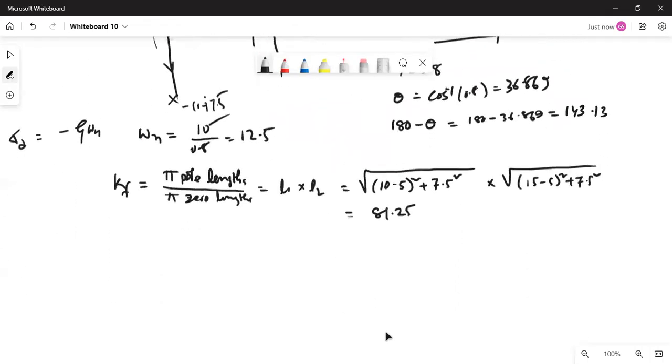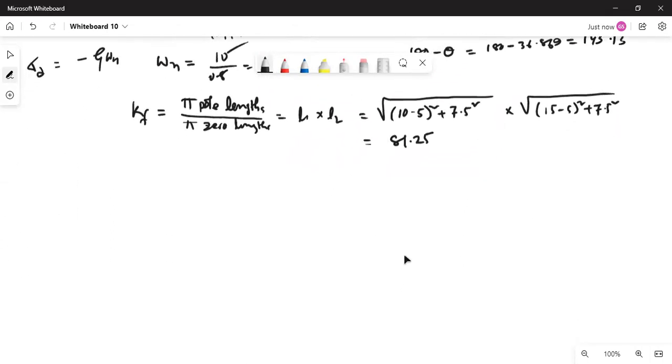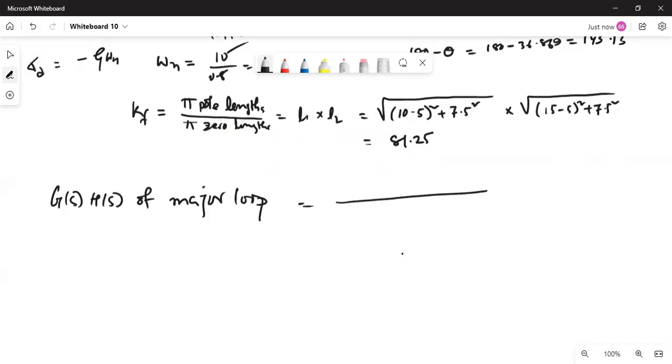closed loop root locus. So we can say that G of S, H of S of your major loop will be A by S plus 10 plus J 7.5, S plus 10 minus J 7.5.